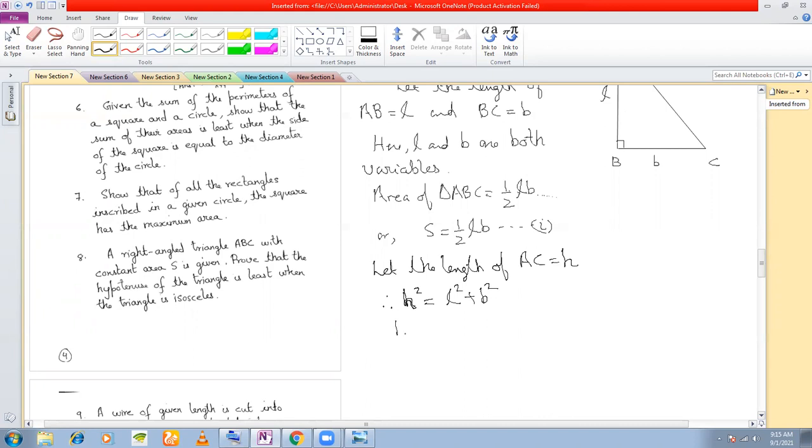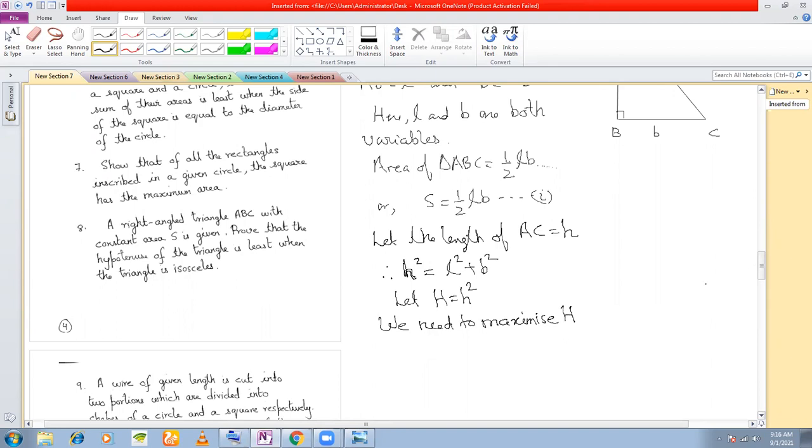So let capital H be equal to h square. That means we need to optimize capital H. If I optimize small h, that means I will have to optimize capital H, isn't it? Because h is equal to the square root of capital H. So just for convenience, we have taken capital H equal to h square. So H is equal to L square plus B square.